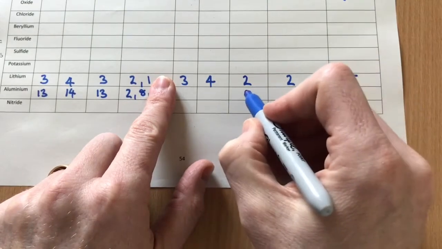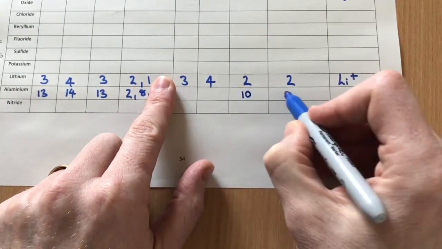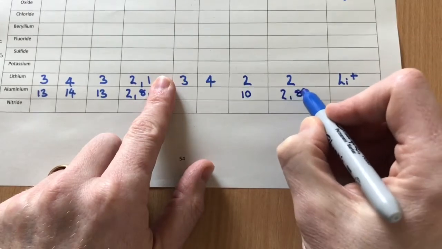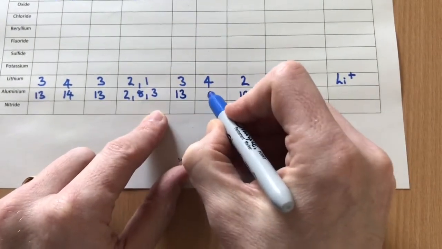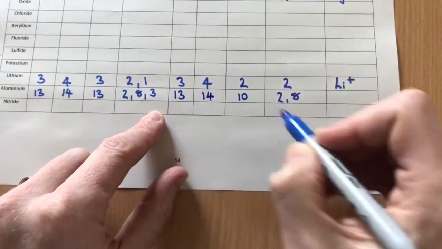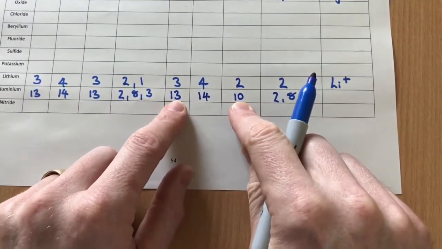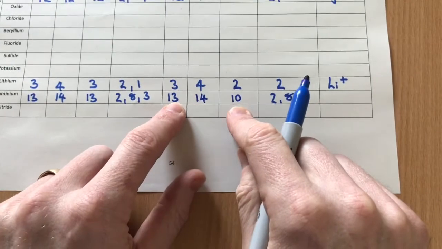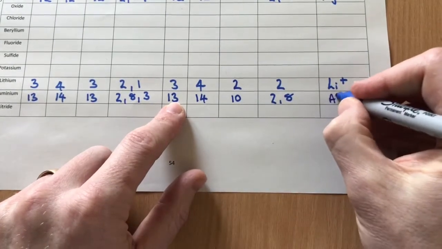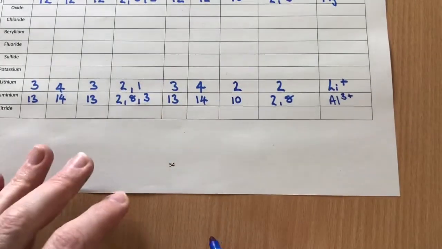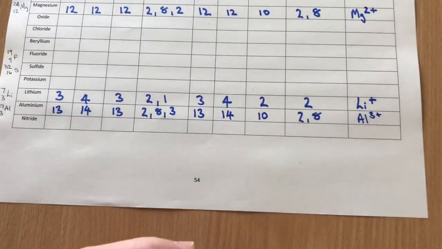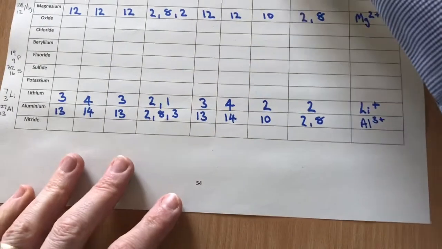That's going to give it 10 electrons by the time it does that, and that will be arranged 2, 8. That's now a stable structure. It will still have 13 protons and 14 neutrons. This is going to mean it's going to have a 3+ charge, so Al3+, losing 3 electrons forms a 3+ ion. Let's have a look in here at some of the negative ions and how they're going to work.